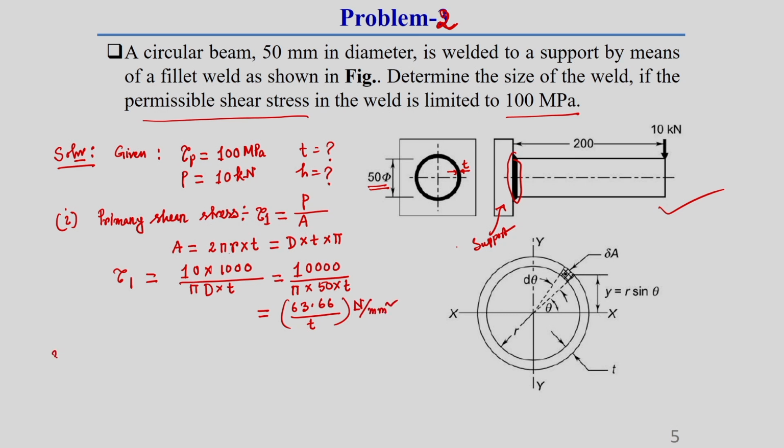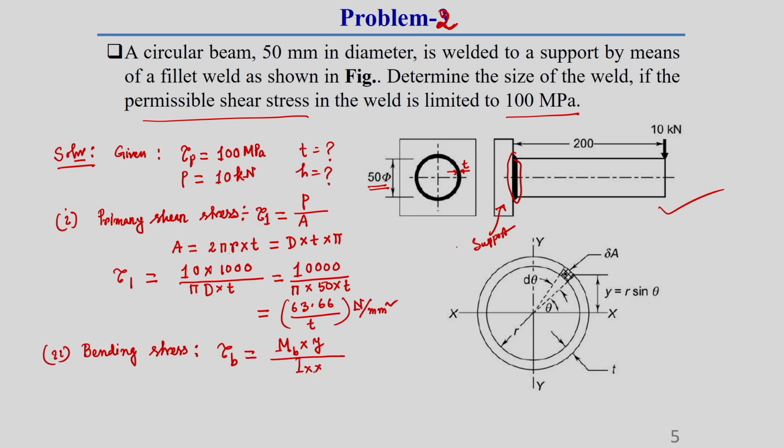Now, second step is to find out the bending stress. Bending stress we know, sigma b equals M b into y divided by Ixx.